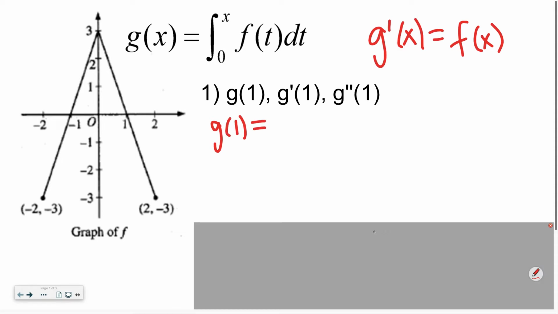G of 1 means we're finding the integral from 0 to 1 of f of t dt. Well, Dylan, what is the area from 0 to 1 under f? What's that area?